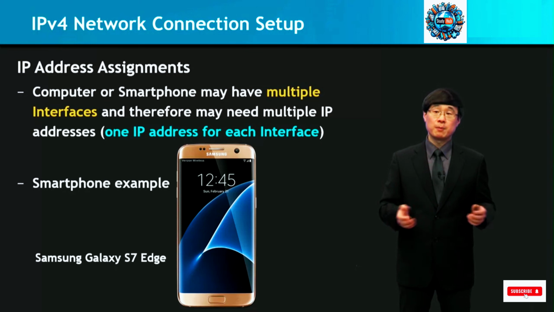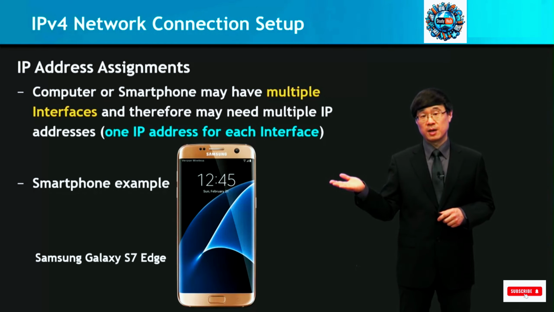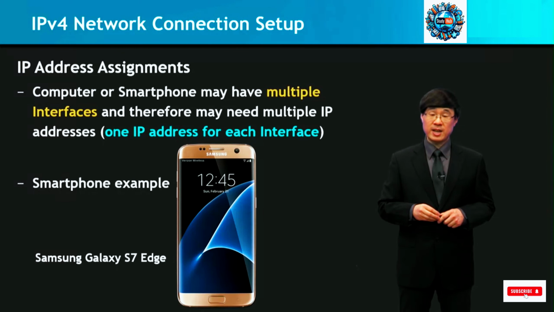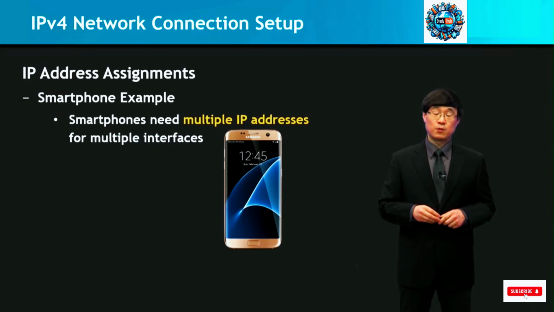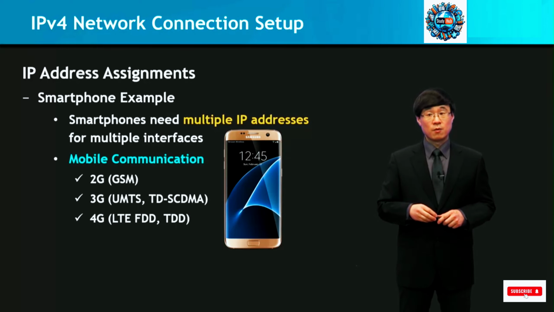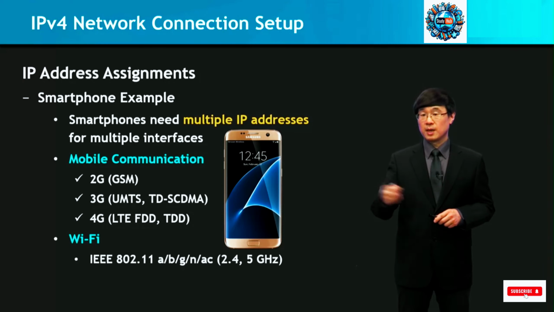For example, let's look at a smartphone here, which is a Samsung Galaxy S7 Edge device. It has multiple interfaces. For mobile communication, it has 2G, 3G, and 4G connections.